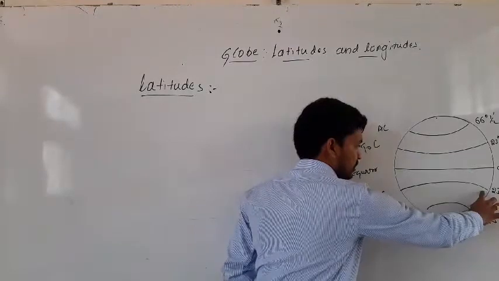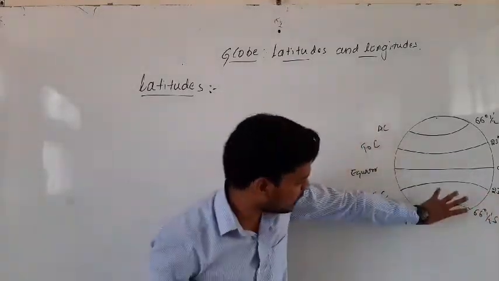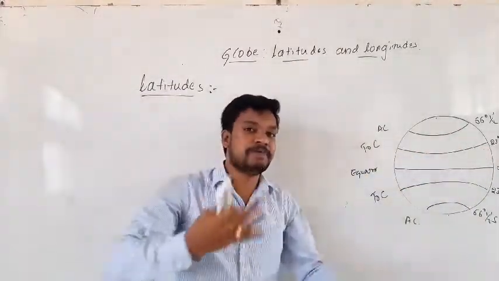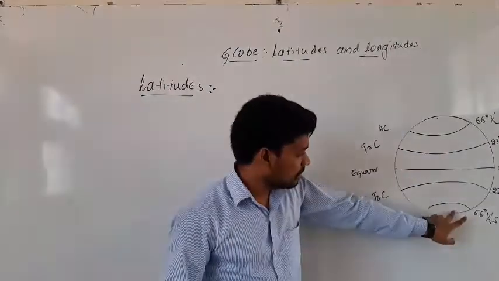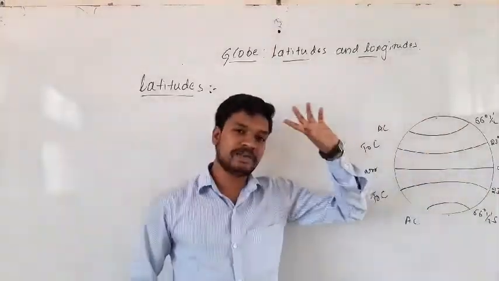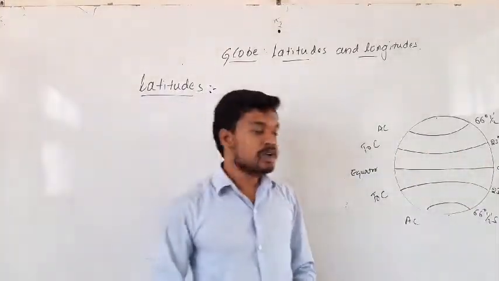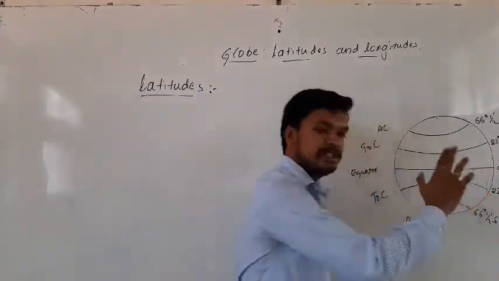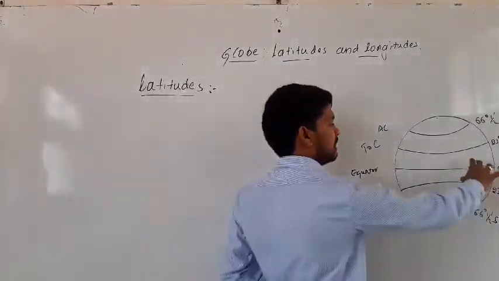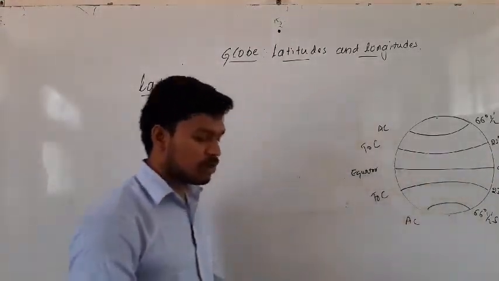In the area between the 23rd and 66th degrees, in both south and north, we experience another kind of temperature. And from 66 to 90, the same in north and south, we experience a temperature different from the other 3. So these latitudes mark the boundaries for different climatic zones. These are called heat zones.